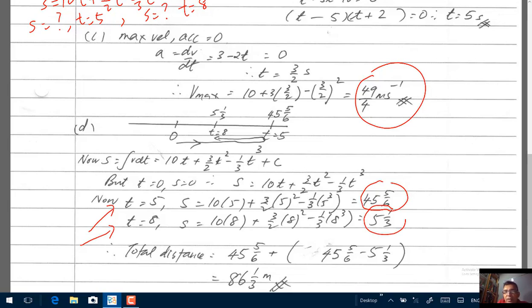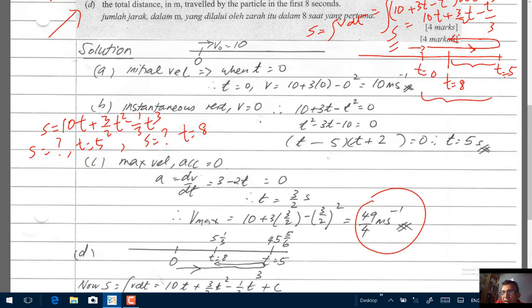So this number here is 45 and 5/6. The value of s here is 5 and 1/3.